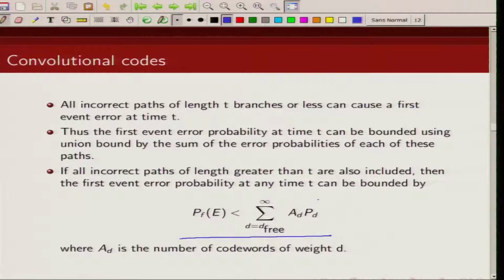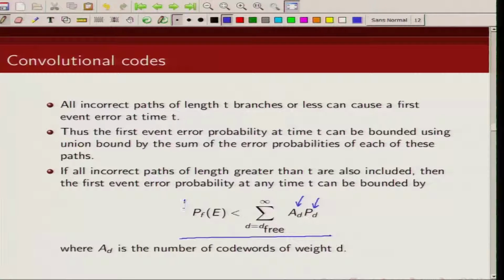So, this is the probability of first event error of weight d, and how many such weight d paths exist is given by this, and you sum over d, which goes from the free distance of the convolutional code to infinity.